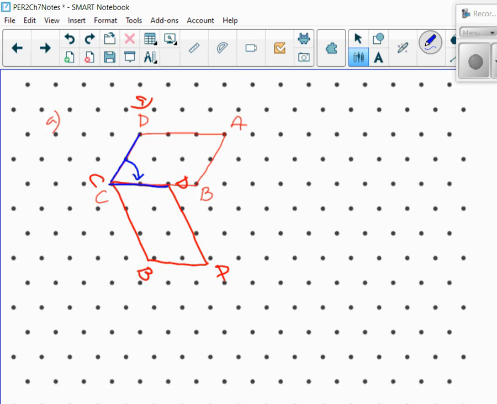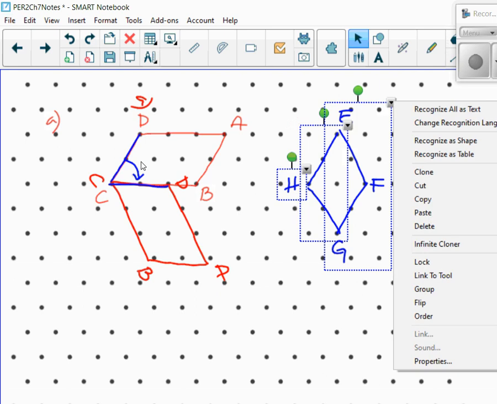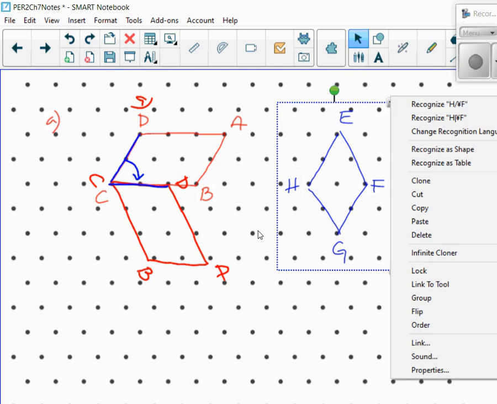Okay, so I'm going to try B now. B is a diamond. And this is E, H, F, and G. So I'm going to group this. Okay, now I'm going to clone this so I have a second copy of it.